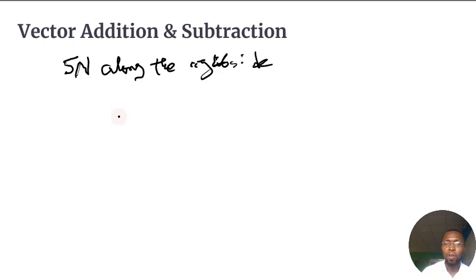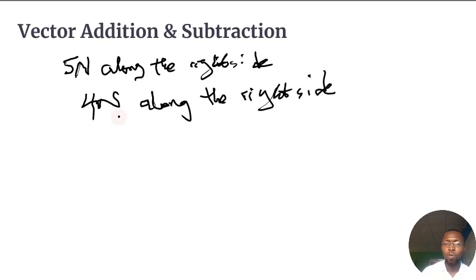Now you have another vector, 4 Newton, along the right side too, and you have to add these two vectors together. You are going to add two vectors that are in the same direction. What you need to do is just your normal addition, 5 plus 4, and that gives us 9 Newton. So the addition of vectors in the same direction is just to add them up together.